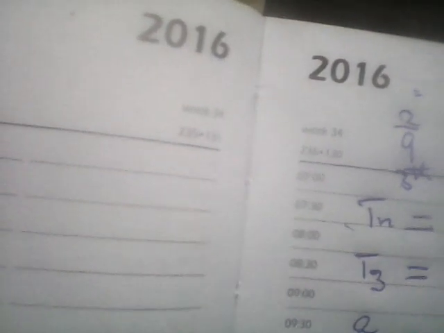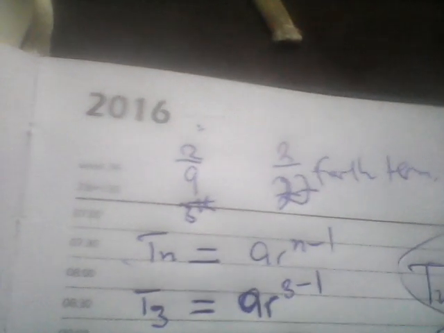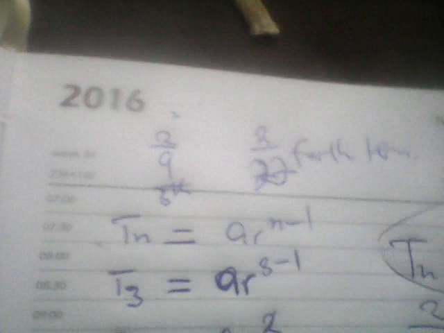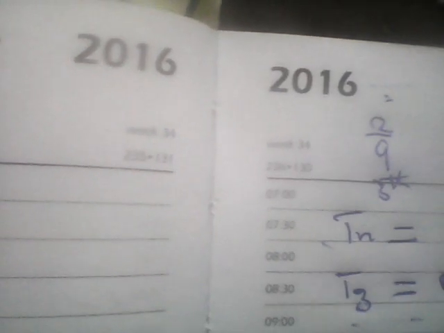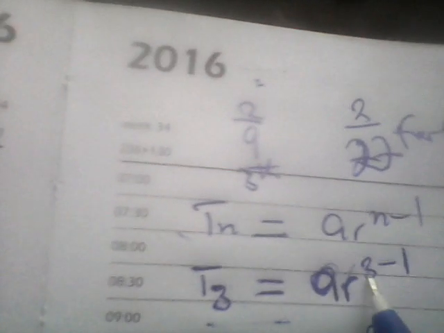Now, for you to find the values of A and R, we have to derive two equations where we are going to say Tn is equal to this. Remember, in the question we've been given the third term and the fourth term, which are 2 over 9 and 2 over 27. Therefore, we are going to say T3, which is the third term, is equal to A times R to the power 3 minus 1.